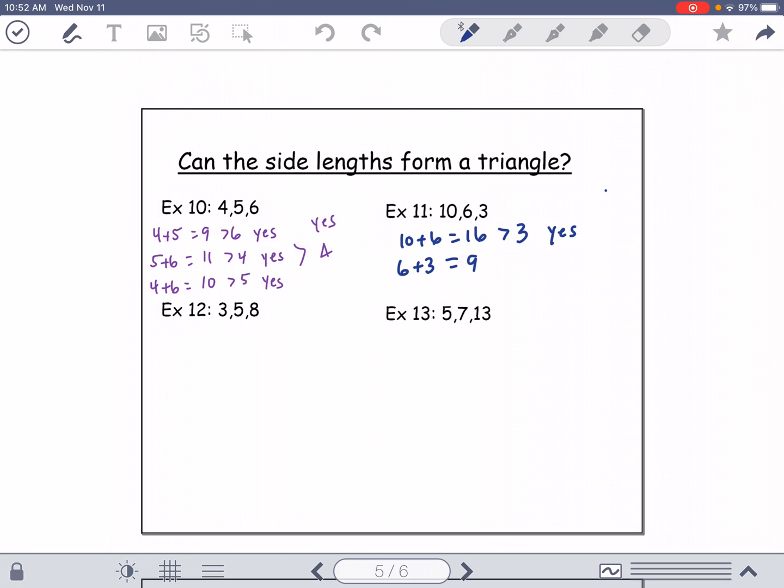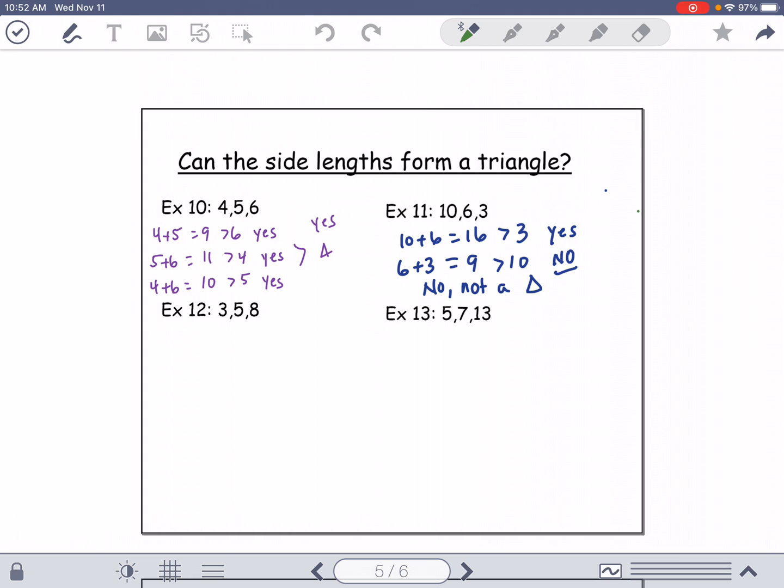Is 9 greater than 10? No. So automatically, if one of those scenarios does not work, then you automatically say, no, not a triangle.